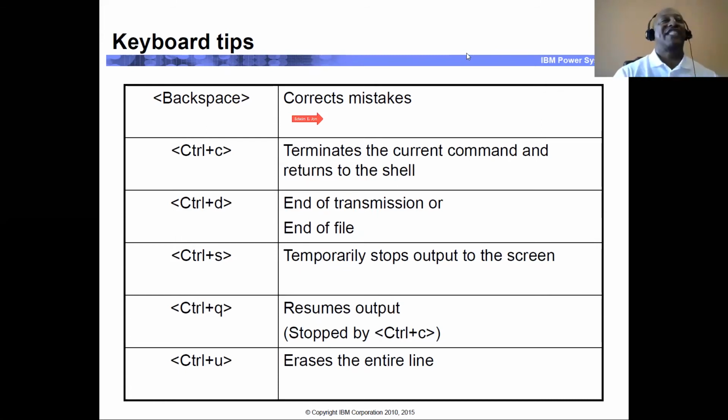Oh, Control Z. Okay, Control Z, if I'm correct, suspends a foreground process. Control Z is used to suspend in job control. If you have a job running in the foreground and we issue Control Z, that should actually place that job in the background.